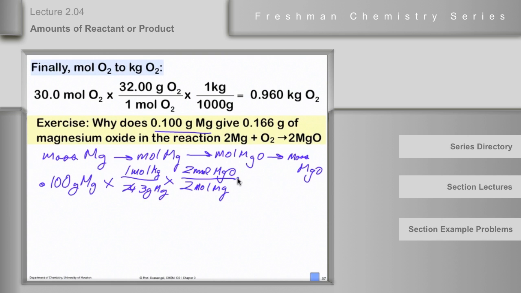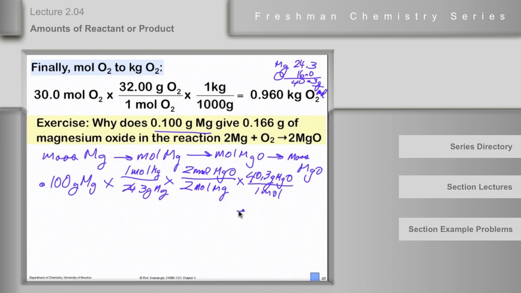That'll get us to moles of MgO. Thank you very much. And then finally, we need to do moles of MgO to mass of MgO. So that is, we look at MgO. Mg is 24.3. Oxygen is 16. So that's 40.3 grams per mole. So this is 40.3 grams of MgO per 1 mole of MgO.